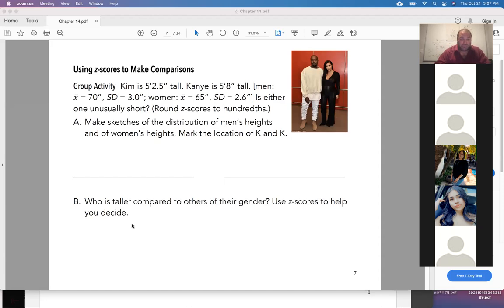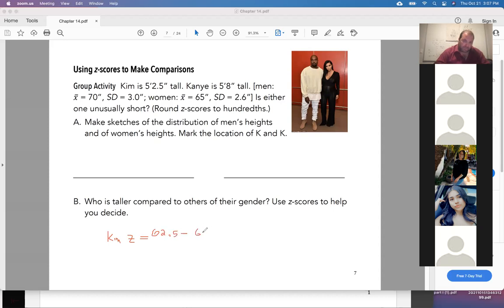What is Kim's z-score? Give me the formula for Kim's z-score. What would it be? Would it be 62.5 minus 65 over 2.6? Awesome.